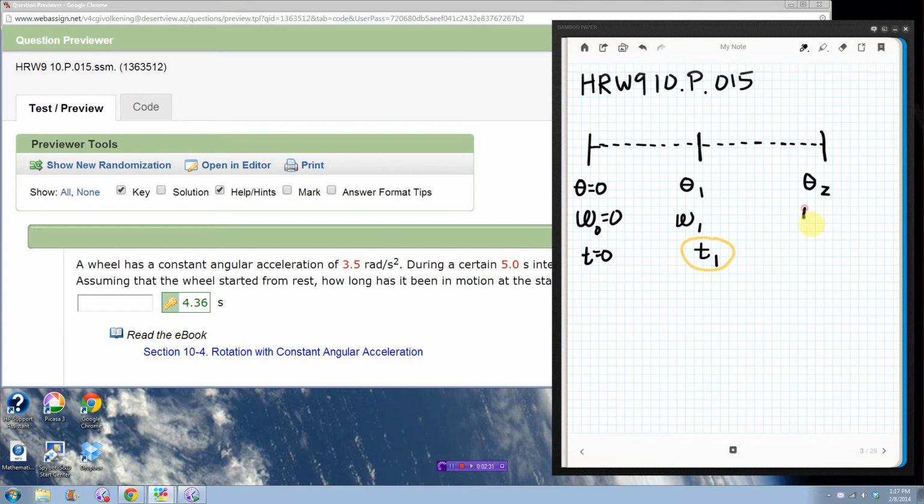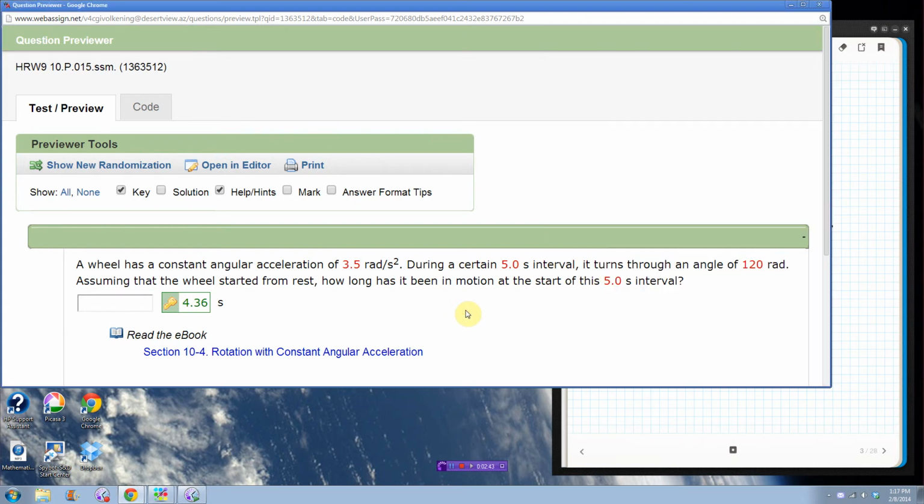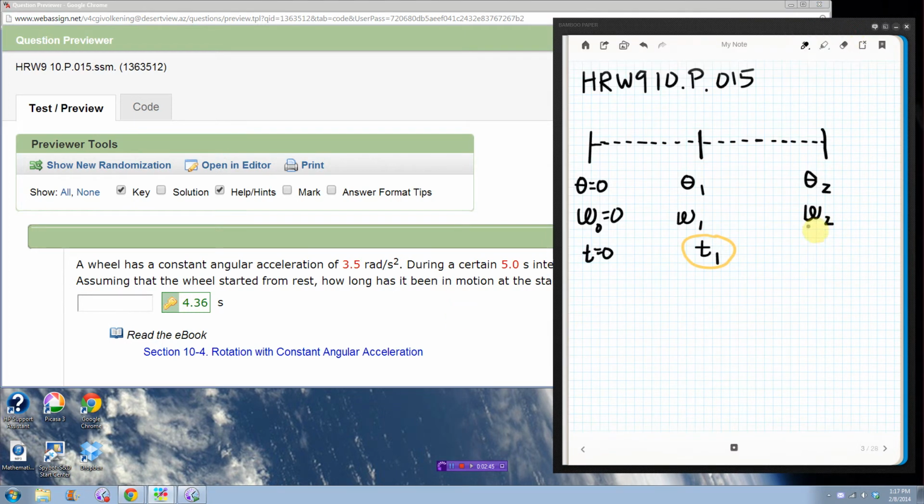At this point, it has an angular velocity omega 2. And since I started the clock and then have 5 more seconds, here the time is t1 plus 5. I hope that makes sense.